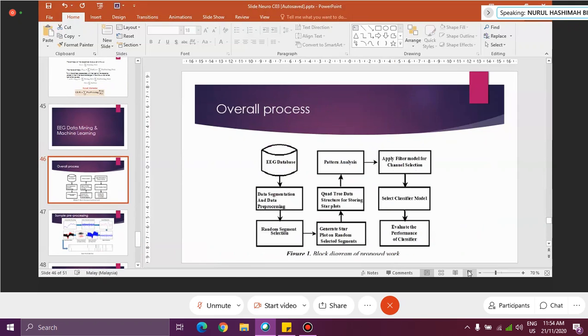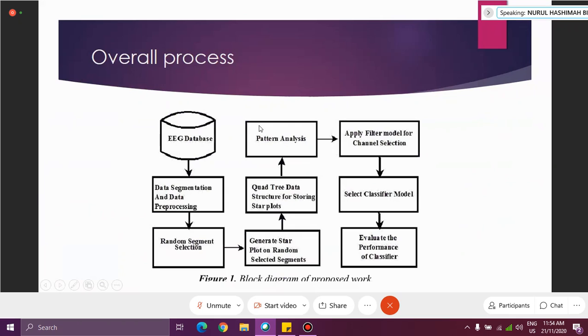Okay, so this is a general flow for some research, but it is almost the general flow. You have the EEG data set, which is the raw data set. You do segmentation and data preprocessing.